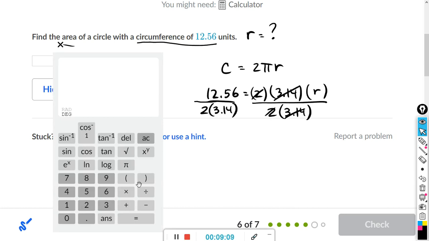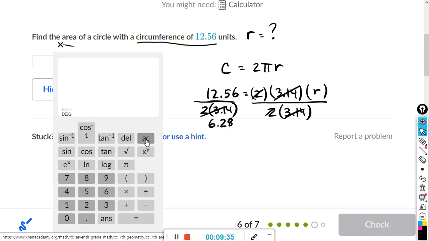If you want to do 2 times 3.14, that's going to be 6.28. Okay? So instead of 2 times 3.14, we can make it 6.28. And then just do 12.56 divided by 6.28.